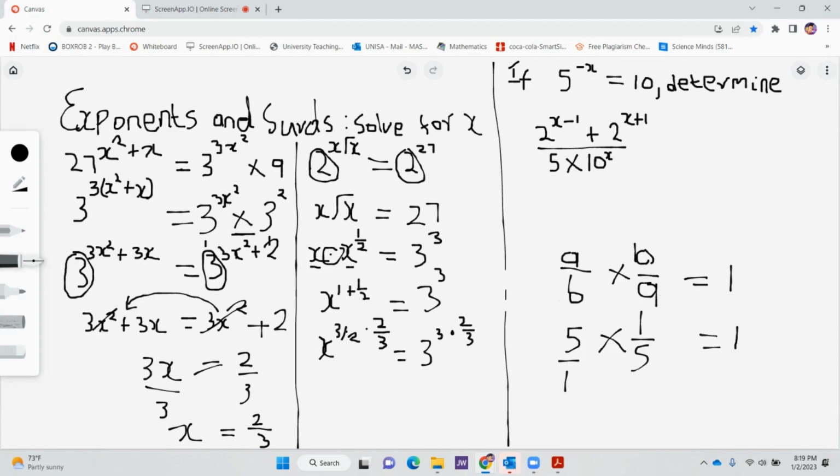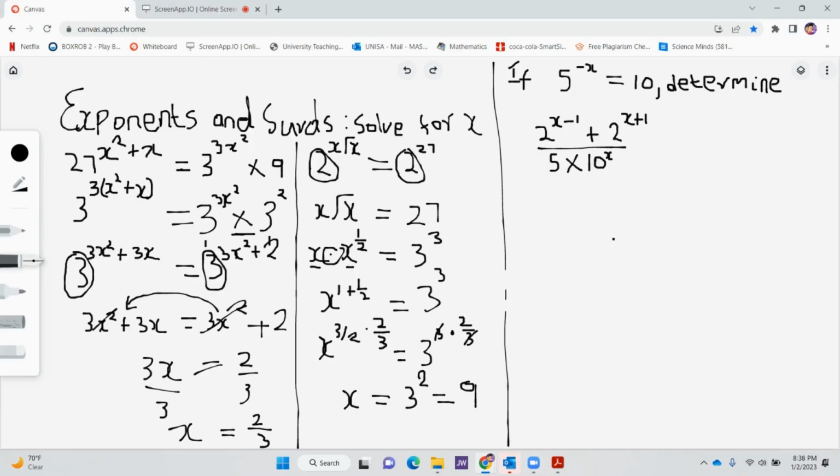All right, so 3 over 2 multiplied by 2 over 3 is a 1, and then yay, we are left with only x, which is what we wanted. 3 will cancel with 3. We are left with 3 squared. Therefore, x is equal to 9.